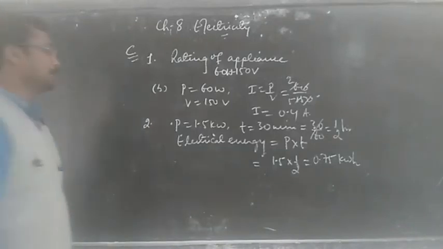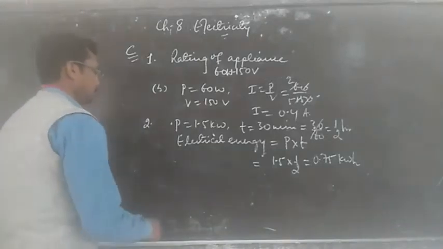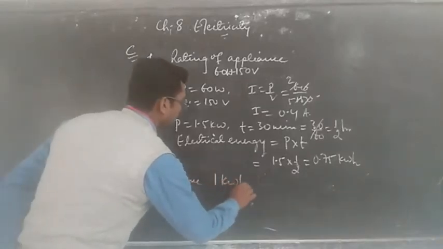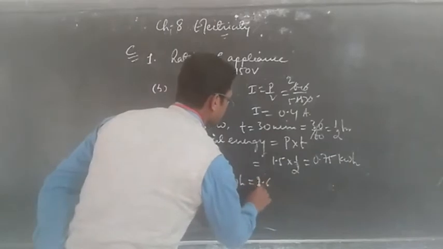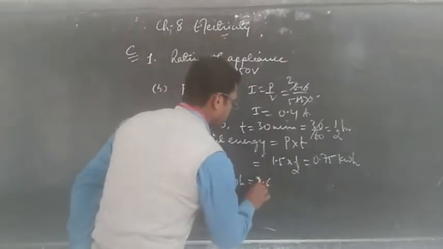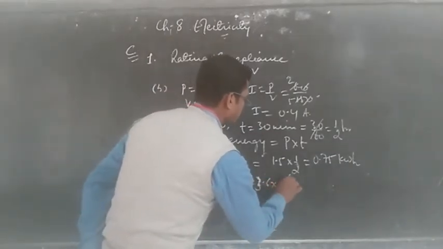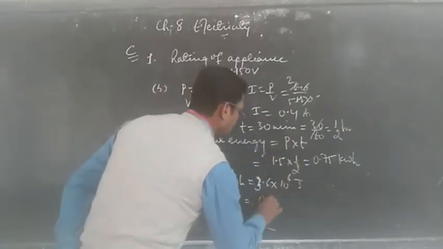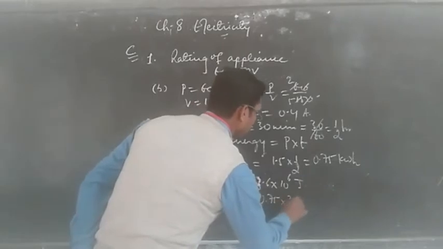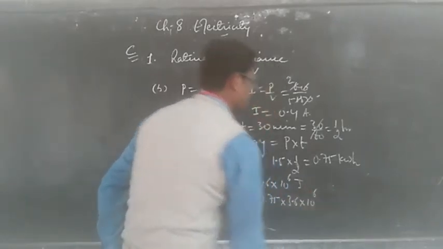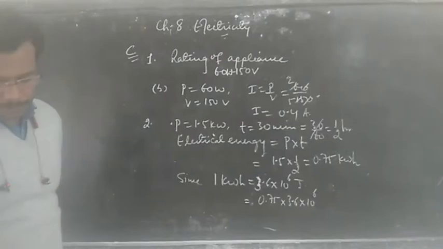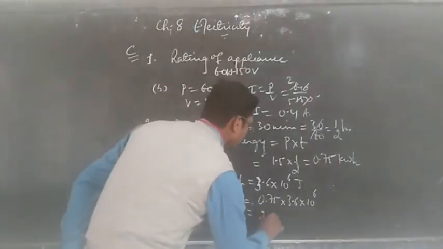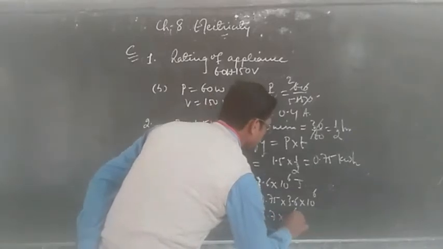Now to get the electrical energy in joule, since we know 1 kilowatt hour is equal to 3.6 into 10 to the power 6 joule, we can convert this. You will be getting the answer equal to around 2.7 into 10 to the power 6 joule.